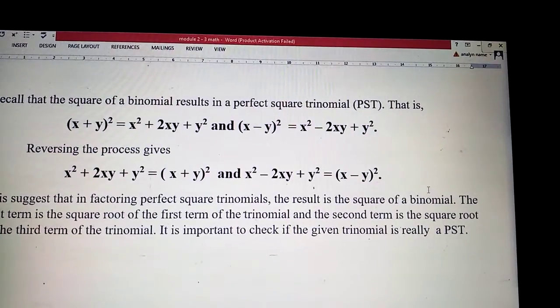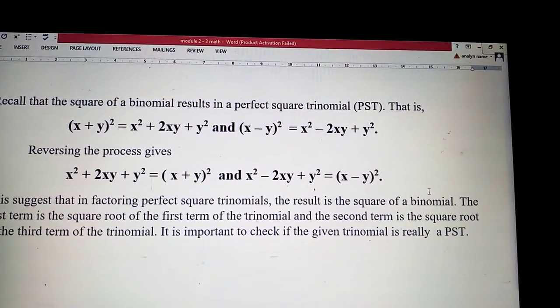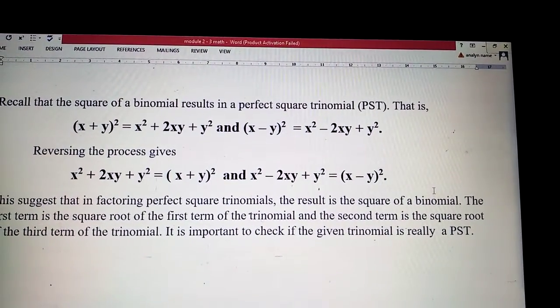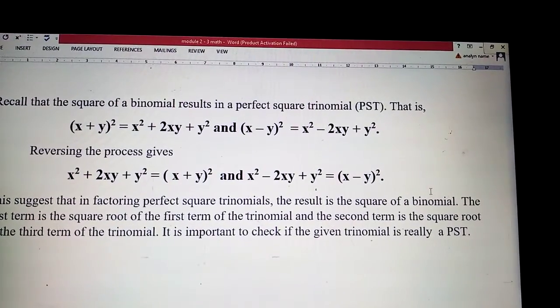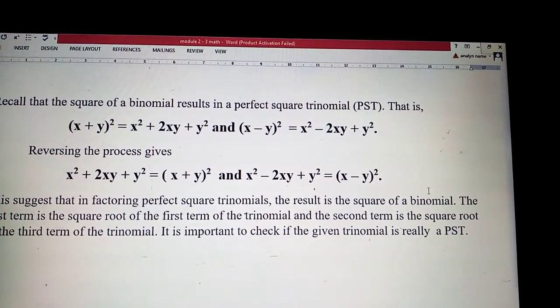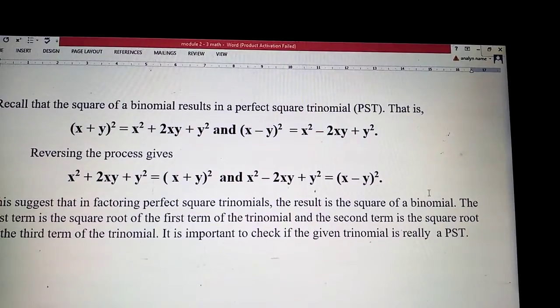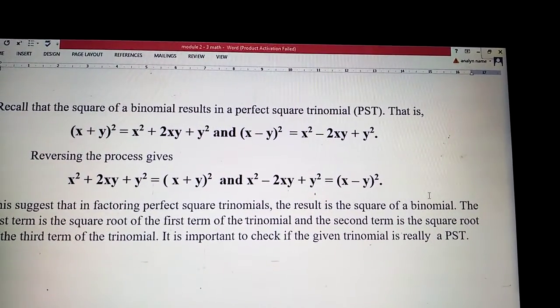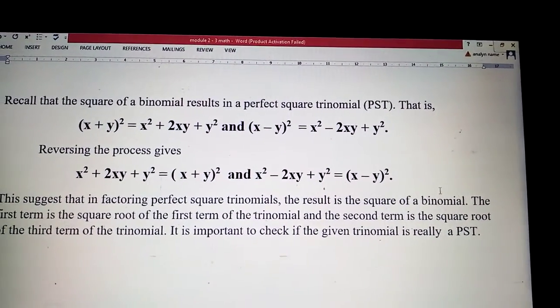Reversing the process gives x² + 2xy + y² = (x + y)², and x² − 2xy + y² = (x − y)².